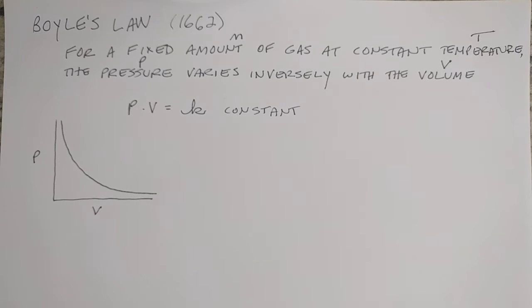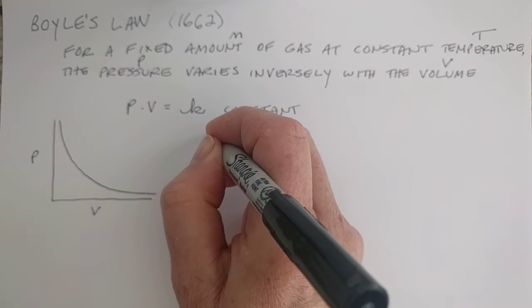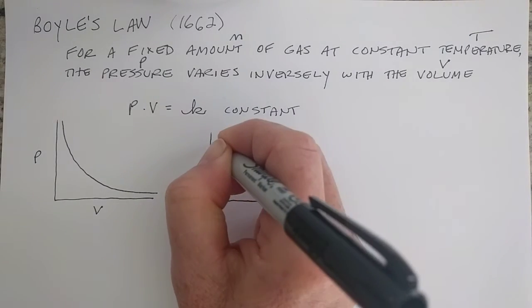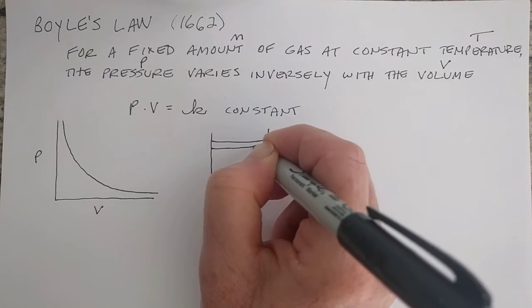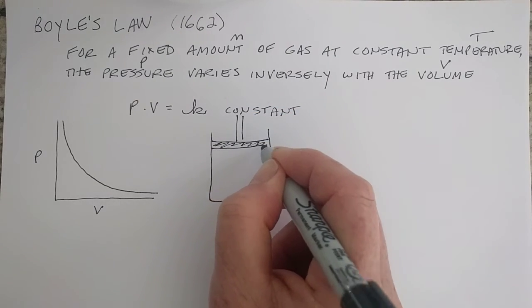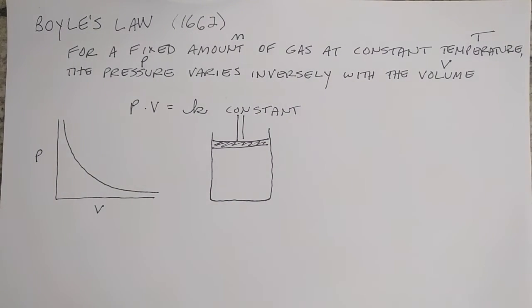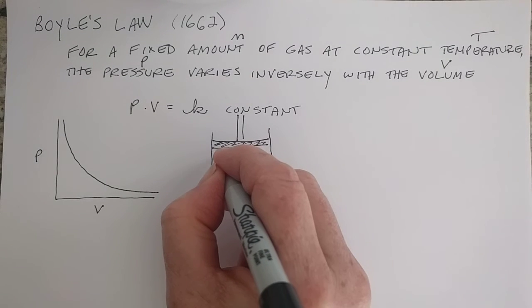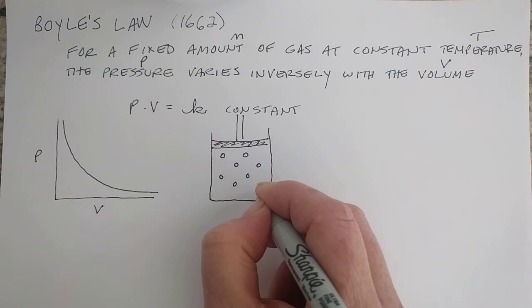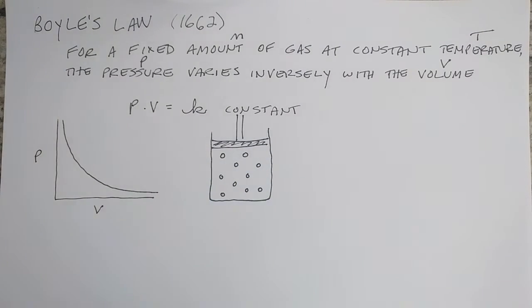Okay, so let's try to visualize what is going on here. So we're going to look at a container with a piston. And we'll put some gas in our container, and we want to keep the amount the same, so we'll put in 10 gas particles. 1, 2, 3, 4, 5, 6, 7, 8, 9, 10.